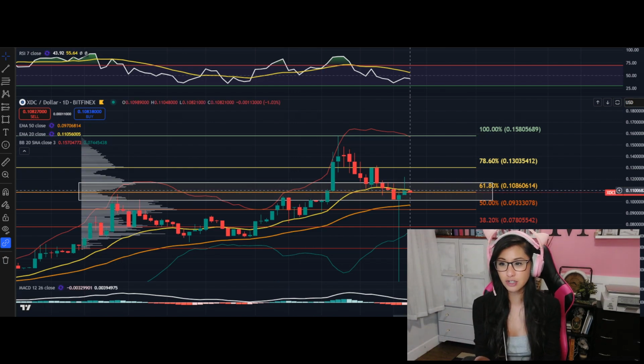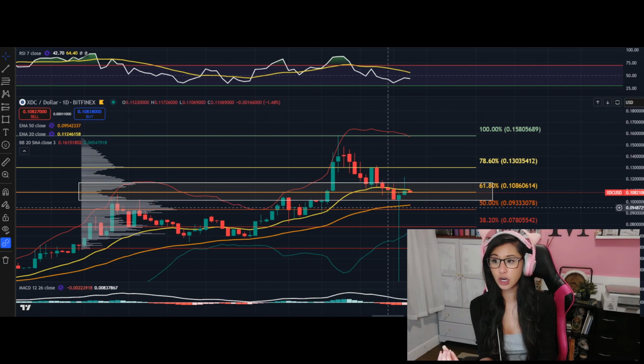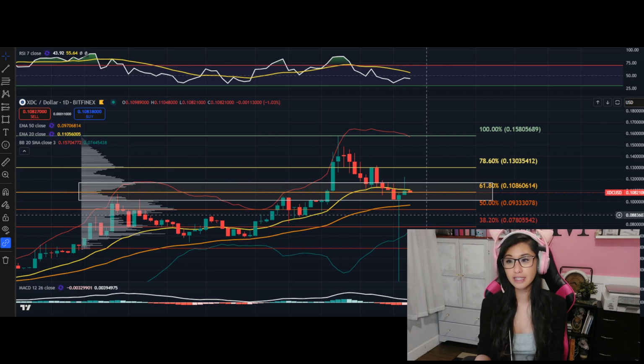Same vice versa to the bottom. If the price is struggling, can't break above that 20 moving average when that pinch of the Bollinger Bands occurs, then most likely price is going to come down and be oversold before price can continue and hit other resistance areas.